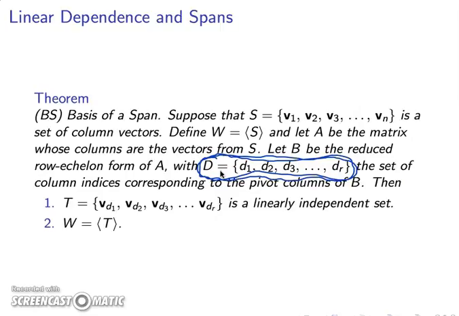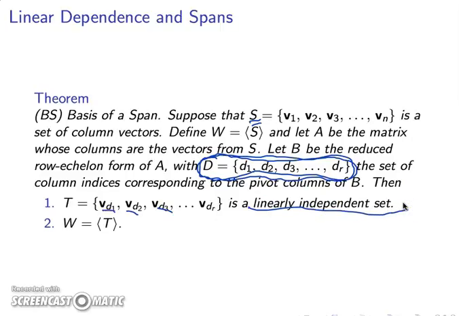These are the indices for pivot columns. Those indices would provide a way of selecting a subset from the original set S, such that the vectors with those indices form a linearly independent set.